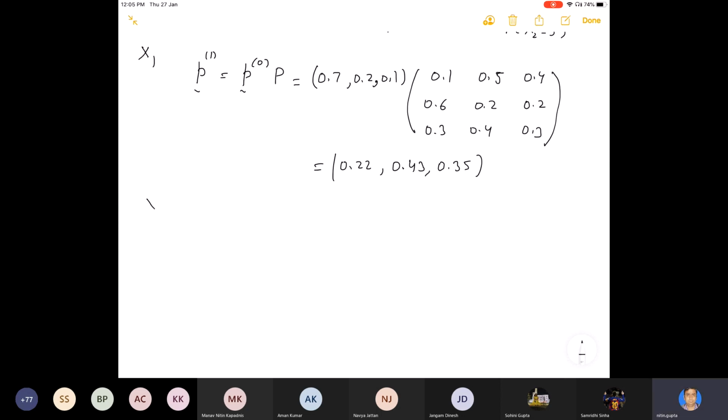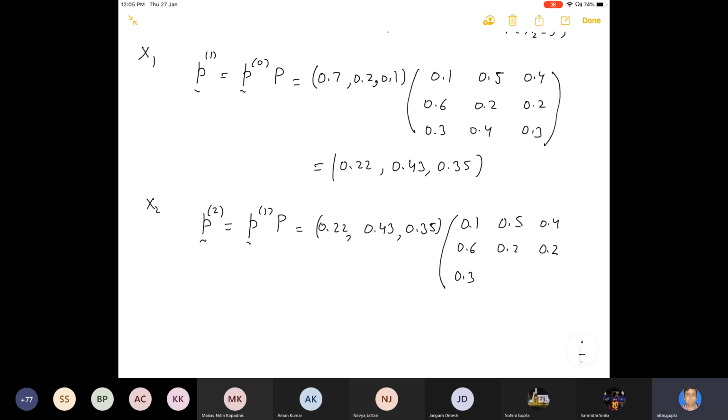For step X2, the probability mass function is P2, which is P1 into P. So P1 is 0.22, 0.43, 0.35, into the TPM 0.1, 0.5, 0.4, 0.6, 0.2, 0.2, 0.3, 0.4, 0.3.